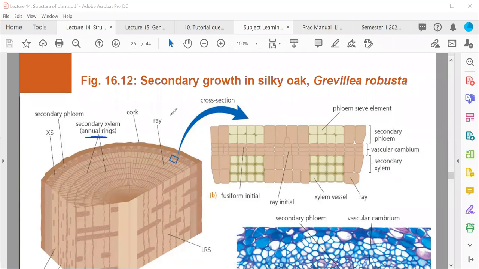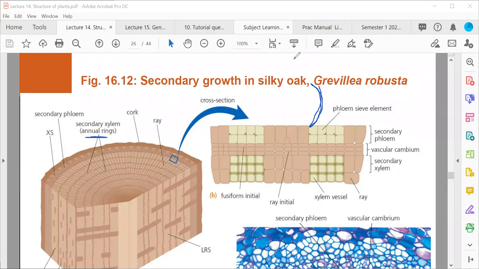And these growth rings or annual rings are actually formed as a result of the different seasonal growth that secondary xylem undergoes. So if you can imagine, to explain how those rings actually form, during a growing season, let's say that this is the outside of the stem.